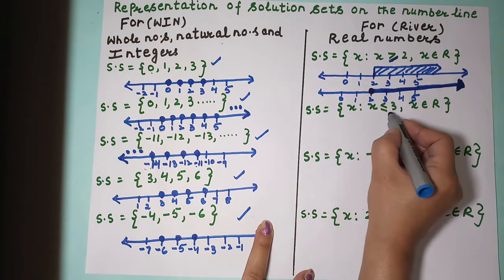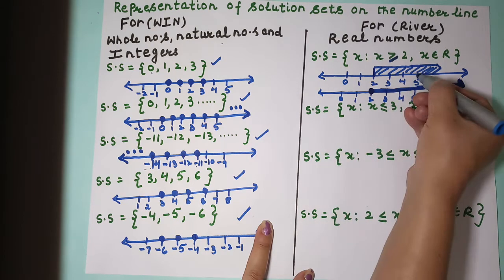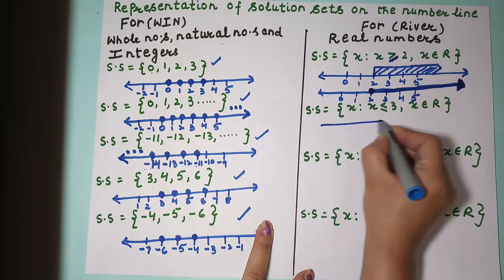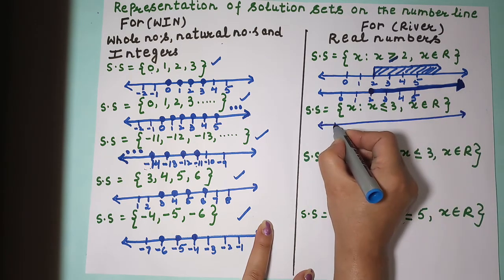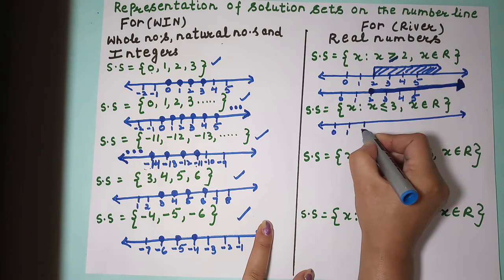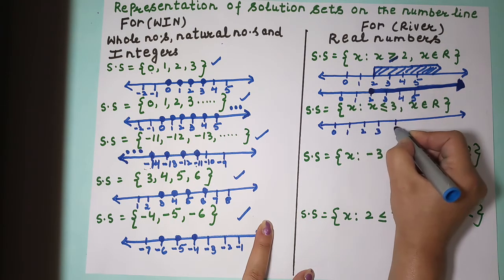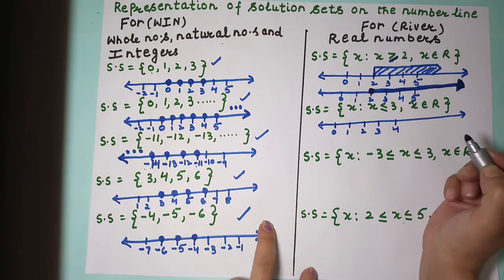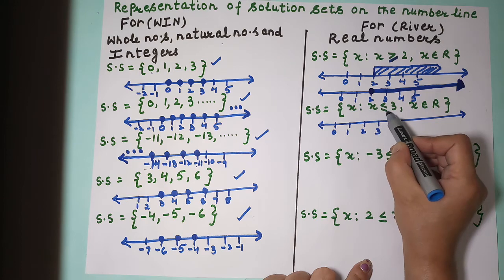Similarly, let's take this case. In this case, the first method, draw a straight line, put arrows on both sides of the line. So this is 0, 1, 2, 3, 4. So he's saying that x is less or equal to 3.